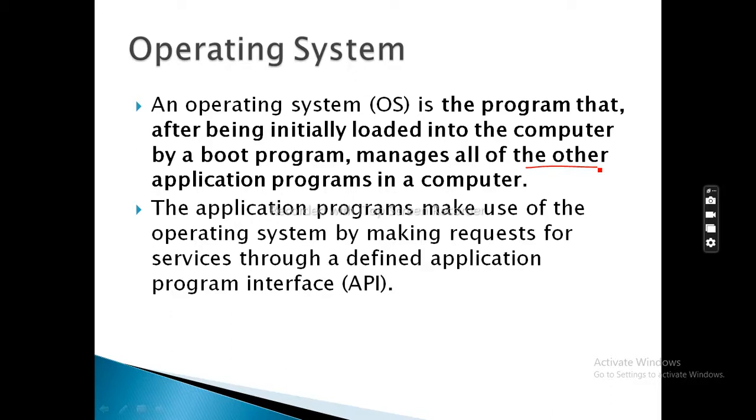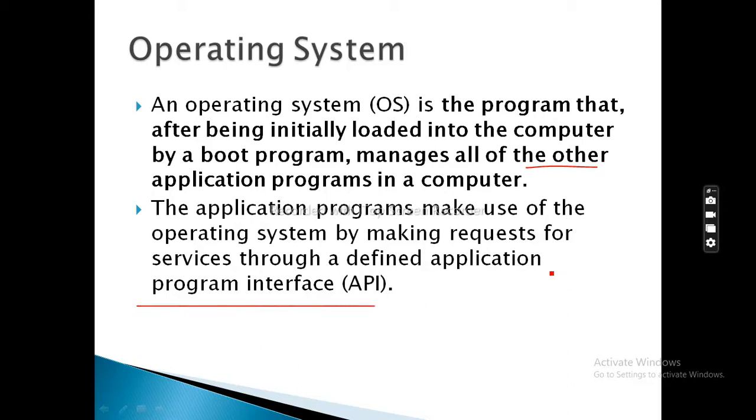Operating system has the link to whatever you are doing through the hardware devices, like by using Control P we want to print some pages. So these all are under operating system. The application programs make use of operating system by making requests for service through a defined application programming interface.